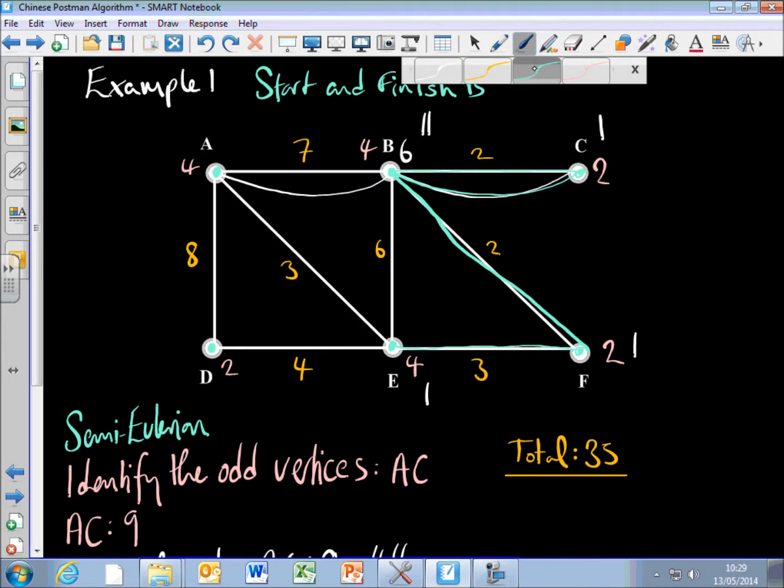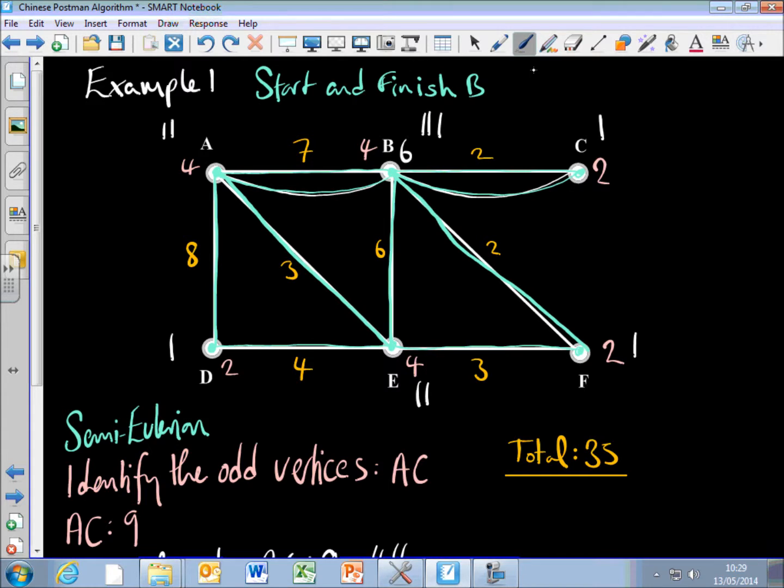And then let's go up here, and again I'm stood next to the one at B. And then I'm going to go B to A, stand next to the statue here. And then I'm going to go A to D, and stand next to the statue there. I'll go D to E, and I stand next to that one again. And then I go E to A, that one gets stood next to. And then finally A back to B, and I stand next to this one again.